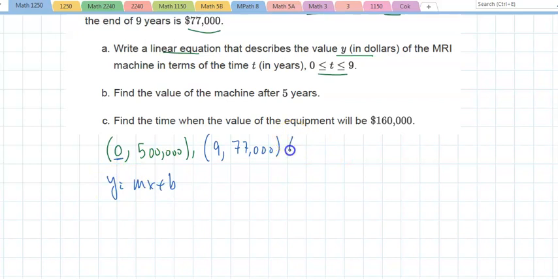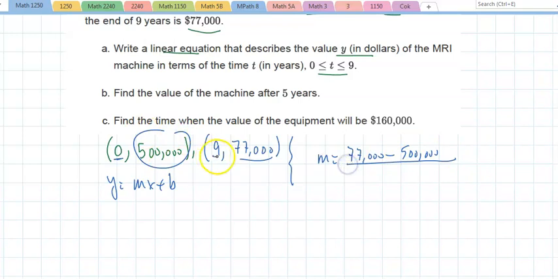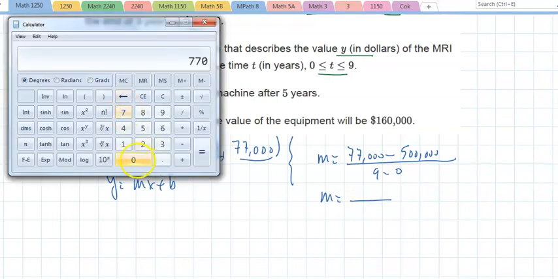I need the slope. The slope is y2 minus y1 over x2 minus x1. If I throw this in my calculator, I will get 77,000 minus 500,000 divided by 9.